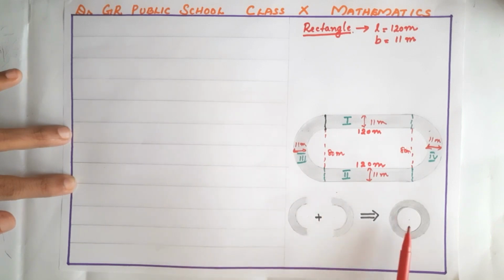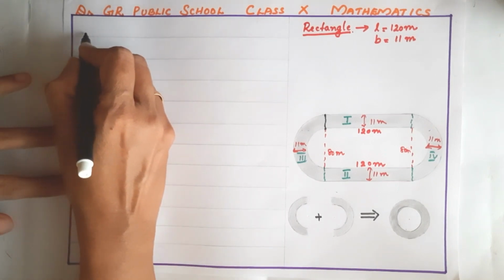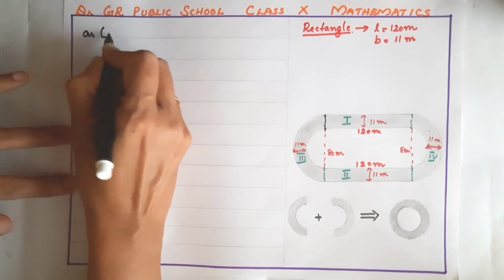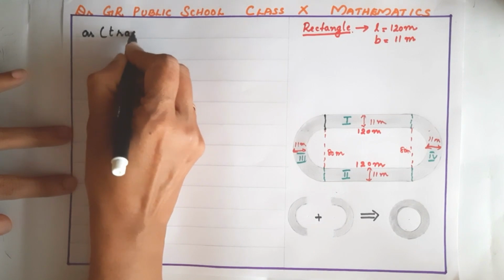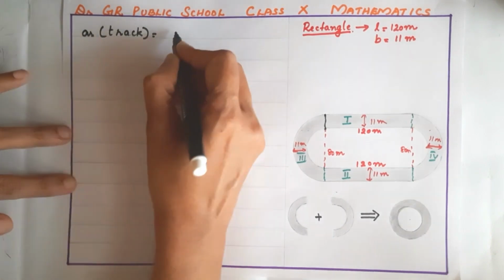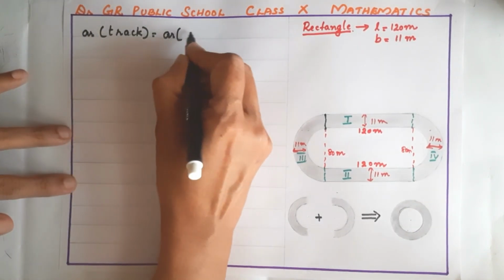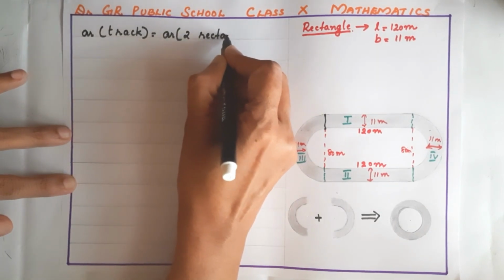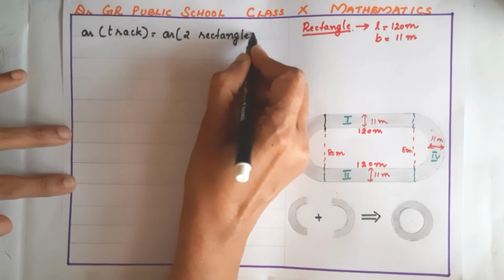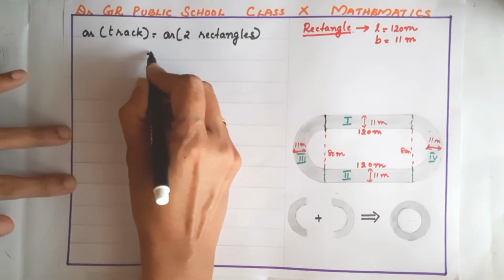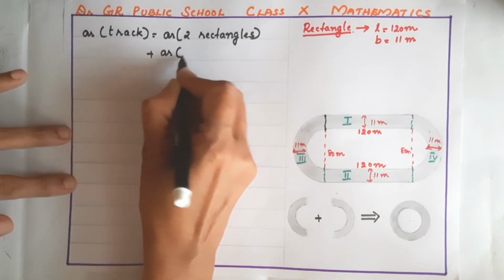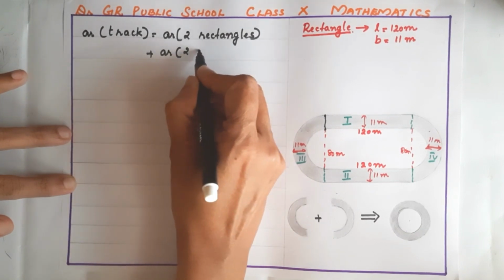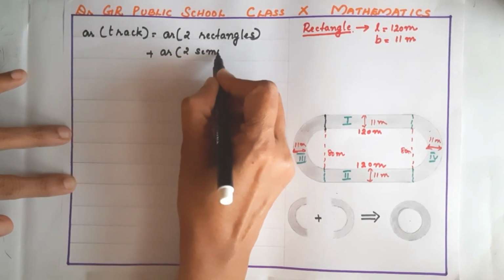So that also we can find out. So what all we have to write? So the area of the track is equal to the area of two rectangles plus the area of two semicircular paths.